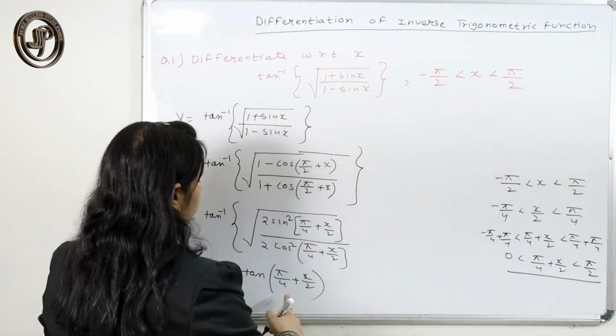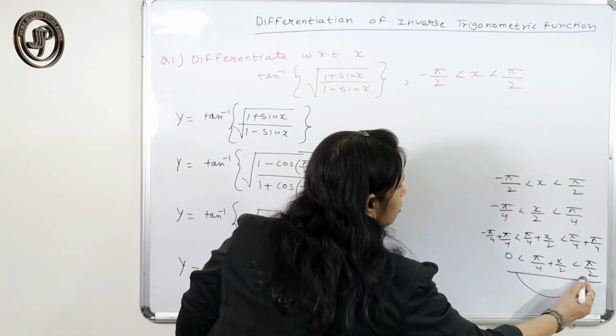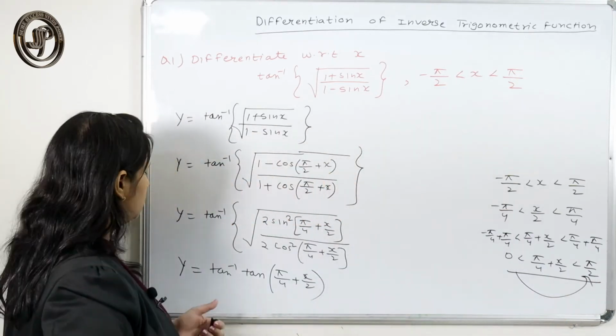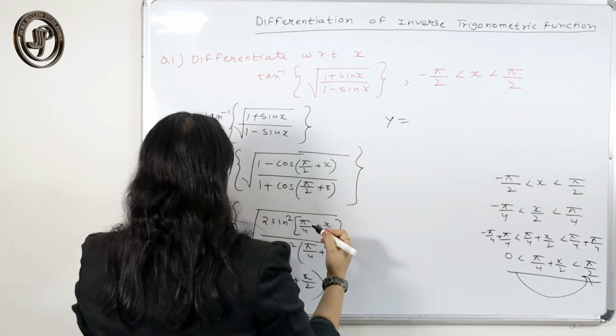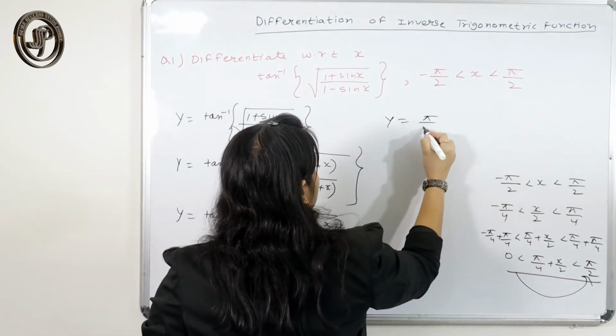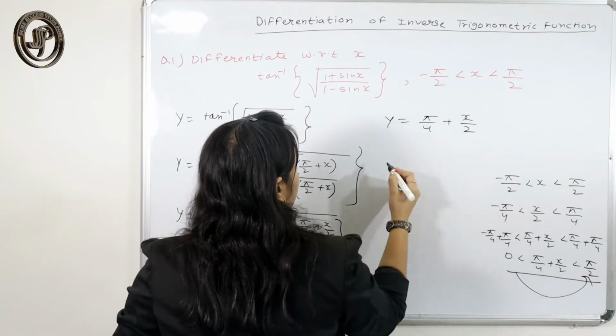So pi by 4 plus x by 2 lies between 0 and pi by 2, that is under the range. So I can write this tan inverse tan as pi by 4 plus x by 2.